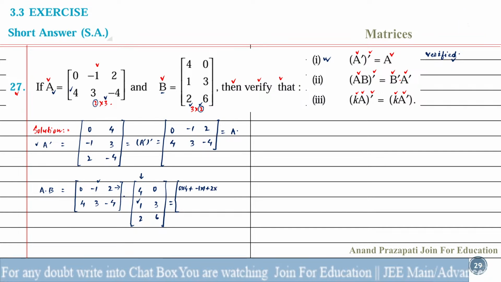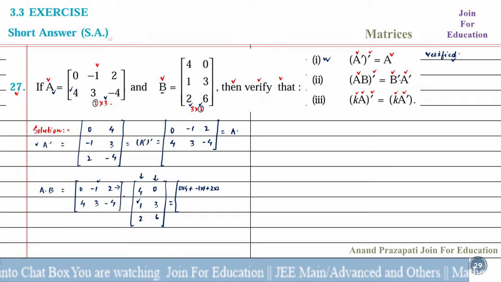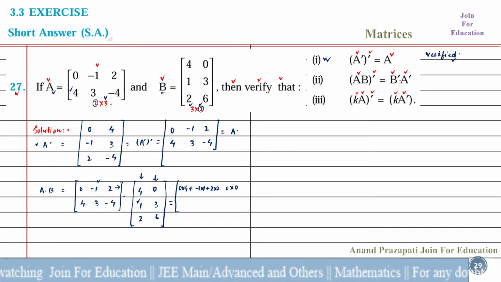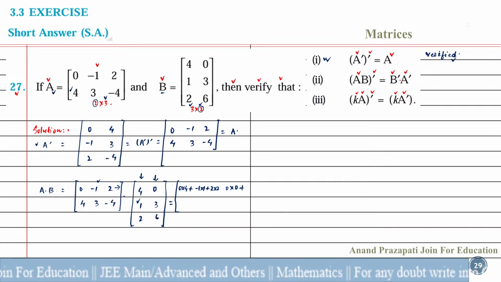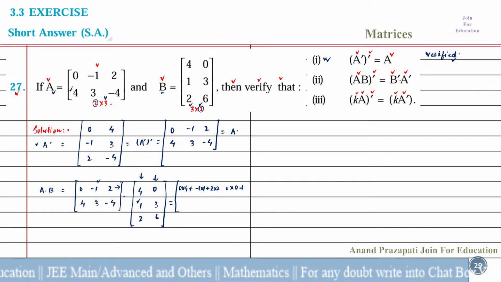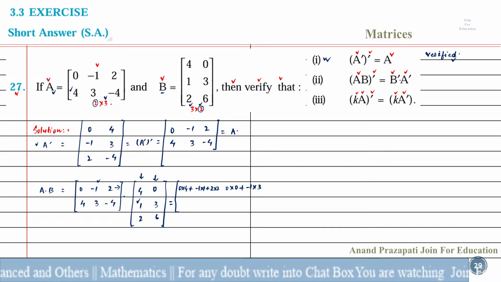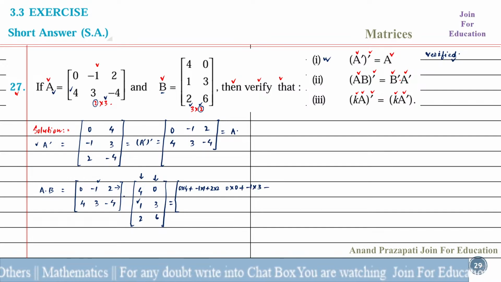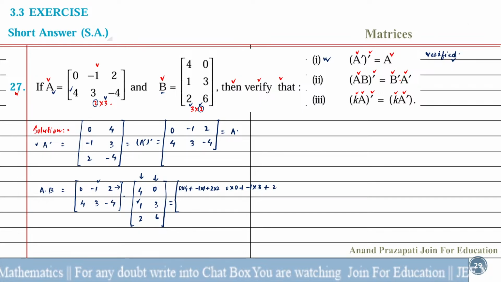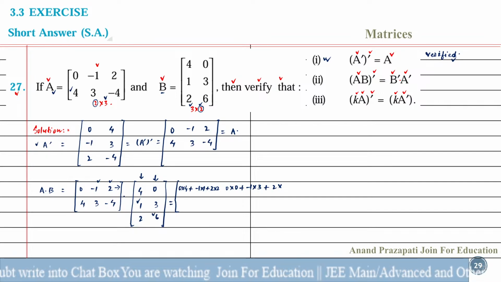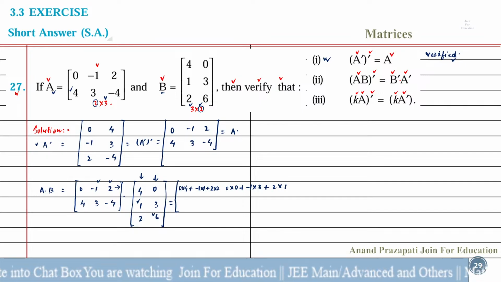And for the second element, 0 into 0 plus minus 1 into 3 plus 2 into 6. There is no problem to understand up to this step.